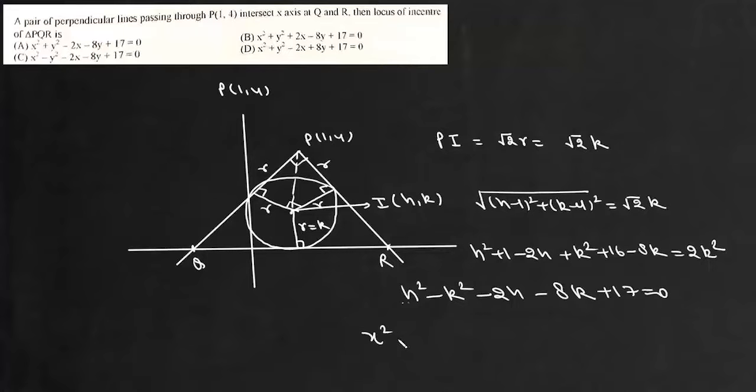So this equation will be x square minus y square minus 2x minus 8y plus 17 equals 0, and that's your option C.